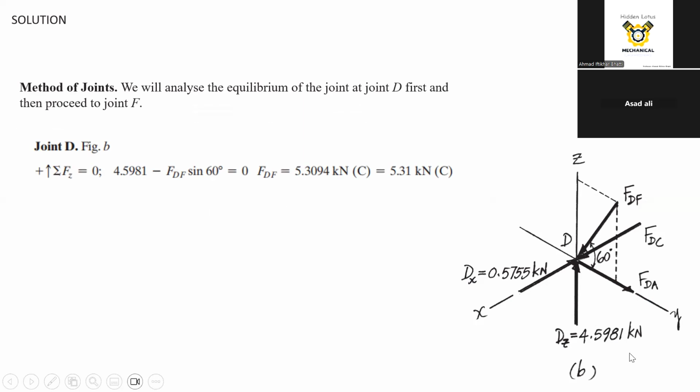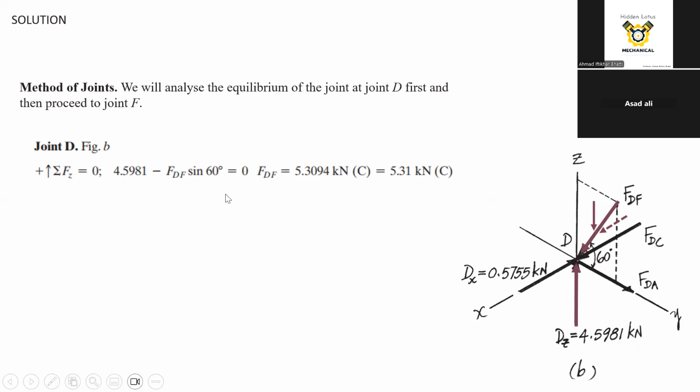We have this 4.5981 kilonewton force at link D, while in the axial direction we have a force of FDF sine 60 degrees in the member DF, and this is in the negative direction because this axial force is acting in the negative z direction.